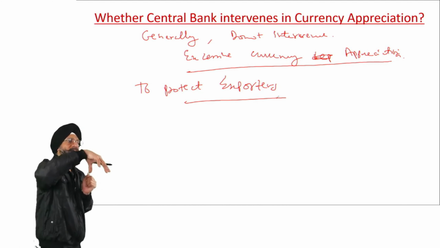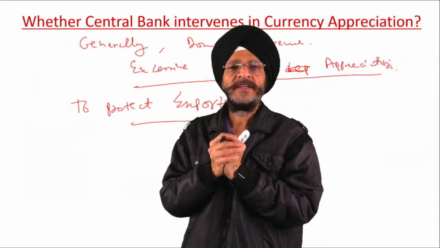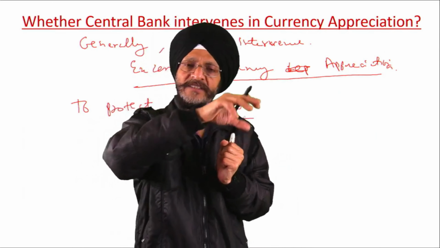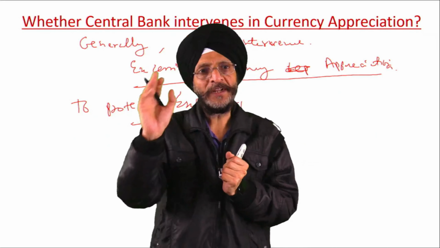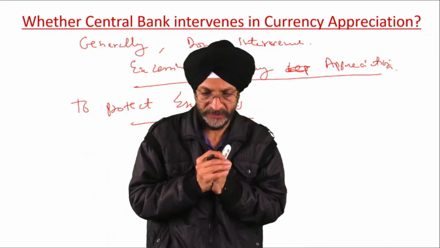So the exports of that country are adversely affected, and it also results in job losses in the sectors involved in exports. So to protect exporters, the central bank does intervene in case of excessive appreciation.